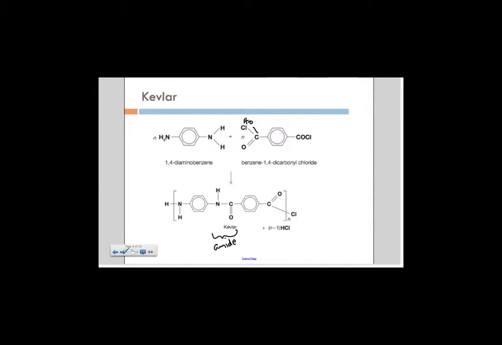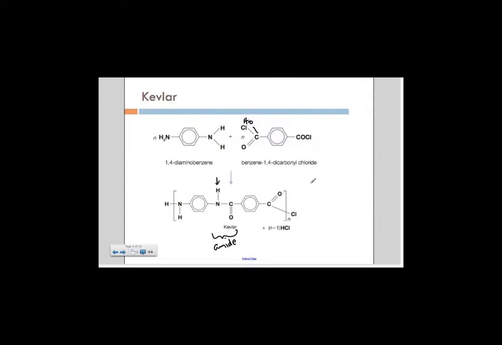And so what does that do for us in terms of the strength of Kevlar? Well, the key is, if you look at the orientation of the amide group, the hydrogen on my nitrogen, and the oxygen on the C double bond O are opposite of one another in the chain.